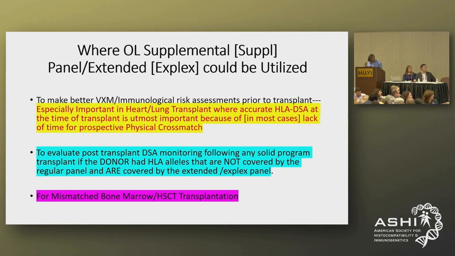They have also come up with the XPlex panel, which is a combination of the original SAB1 and SAB2 along with the supplemental panels added to each group. So if I mention extended, it is the complete extended panel, which can include both XPlex and the supplemental.